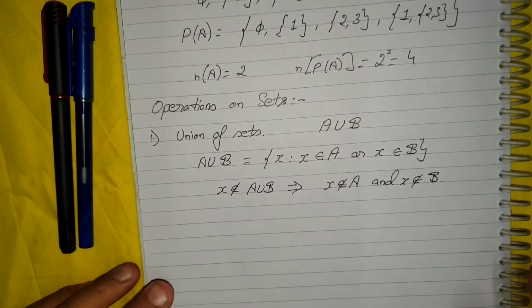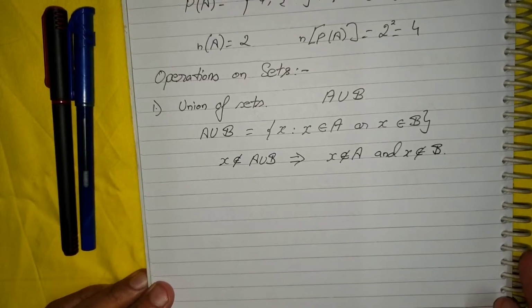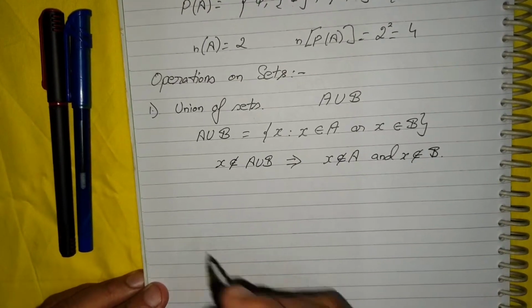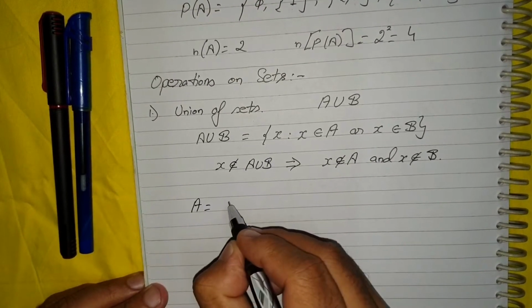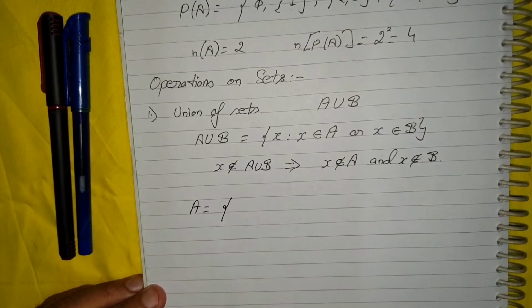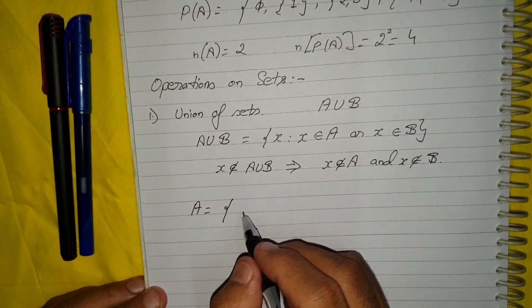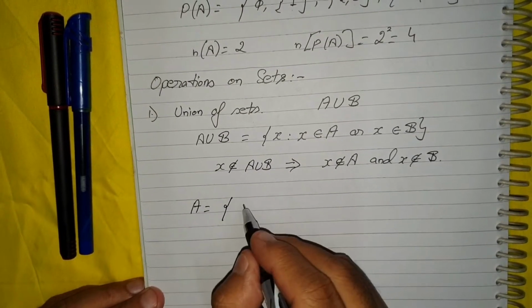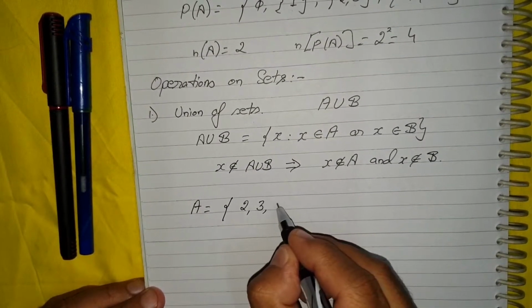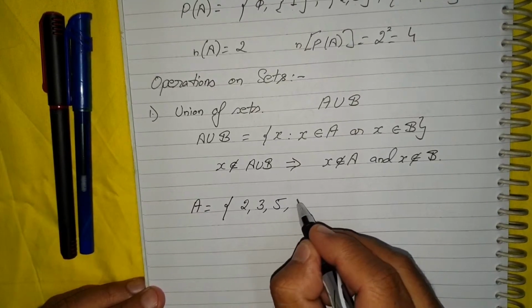Now just for an example, you can set A as the prime numbers less than 10. So set A will be 2, 3, 5, 7.